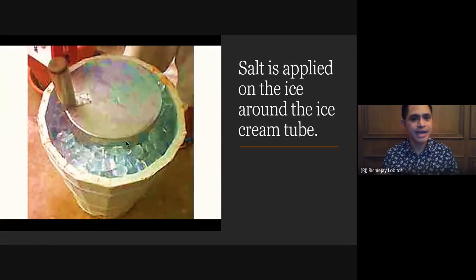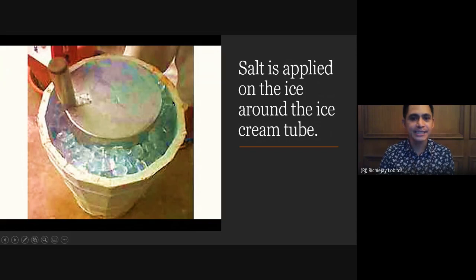It also happens around an ice cream tub. If you have noticed this, when you bring the ice cream tub outside of the fridge into a warmer environment, what we do is pour a lot of ice around it and add salt to it.